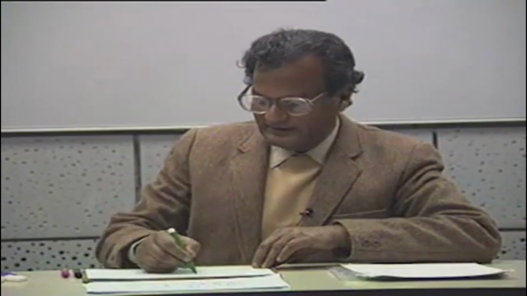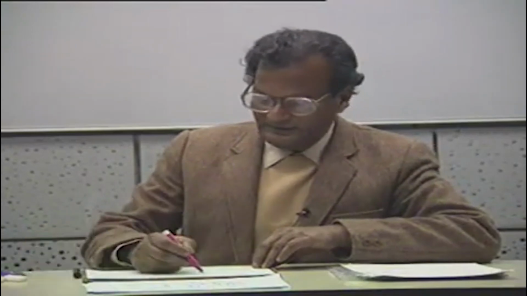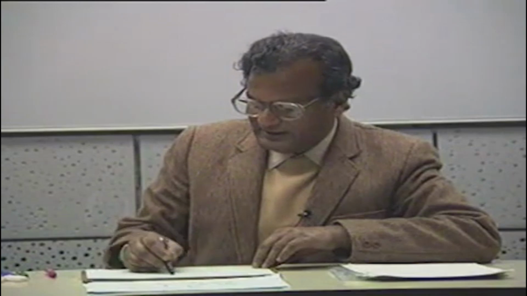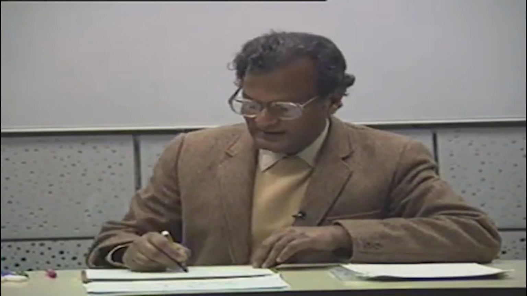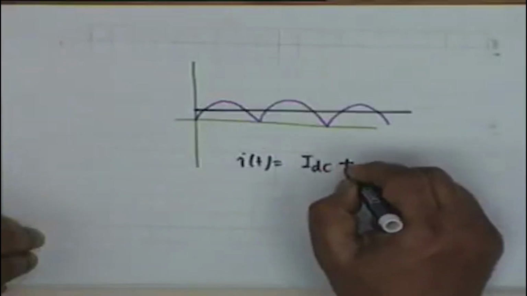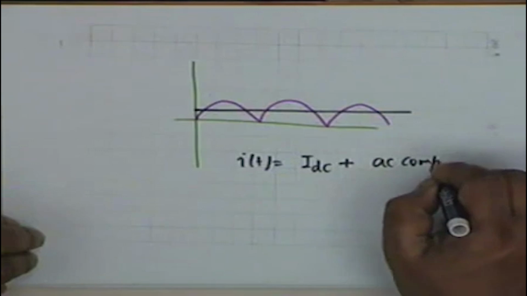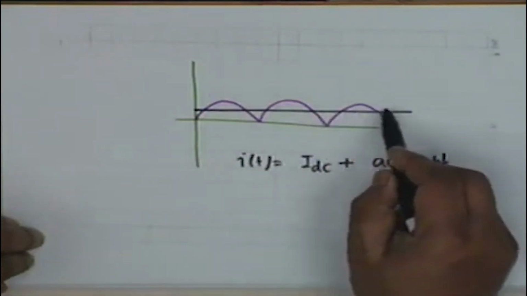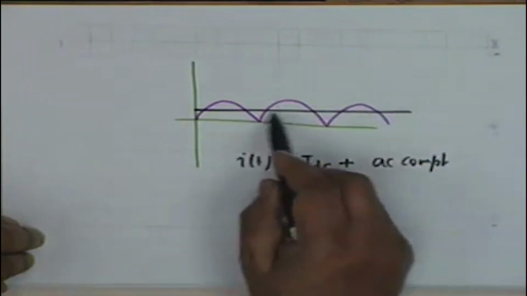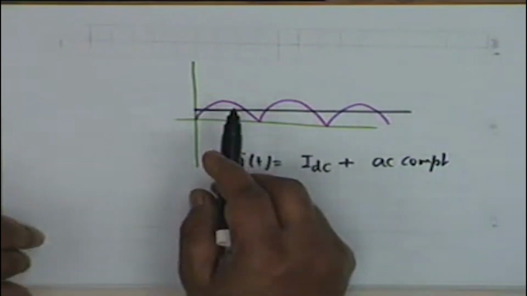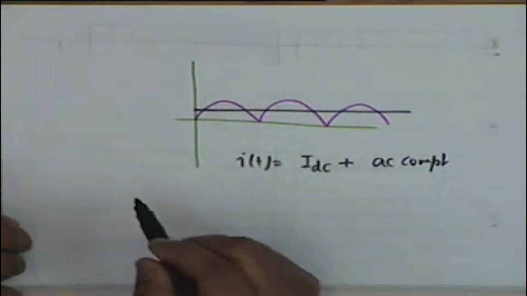In the full wave rectifier, if this is the waveform of the current and the average is, let's say, somewhere here, then you see i of t is equal to I dc plus an AC component, and the AC component has the same waveform as this violet curve, except that this black then represents the 0 level.